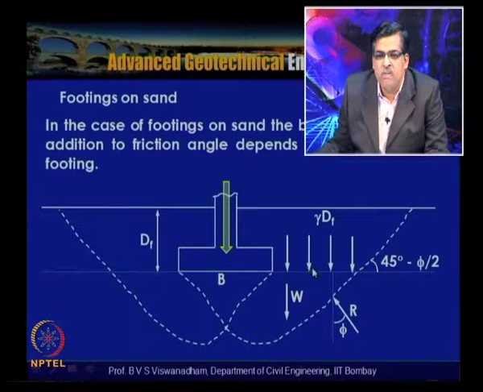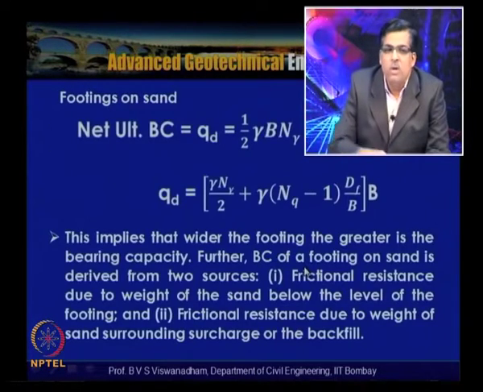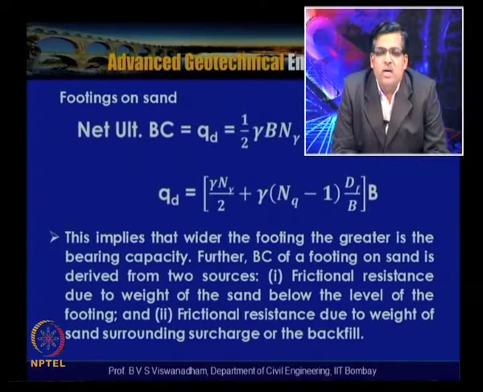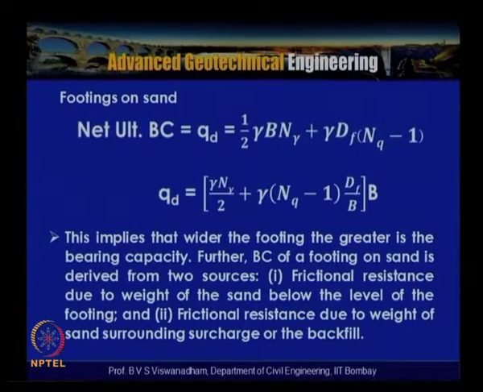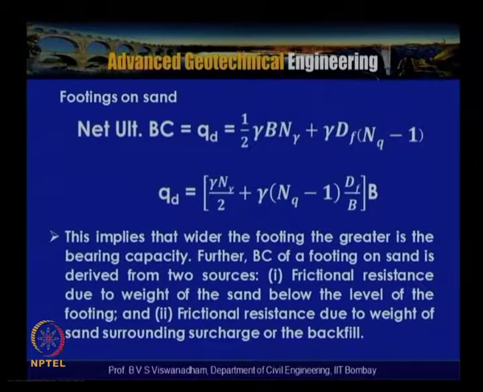So this is the effect of the embedded depth of a footing, that is nothing but gamma Df, that is confinement due to embedded depth. Now we can get, for the footing on sand, the net ultimate bearing capacity, that is q ultimate minus gamma Df, which is nothing but qd, equal to half gamma B N gamma plus gamma Df into (Nq minus 1). So this is for a continuous footing.